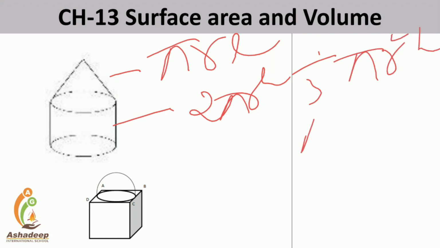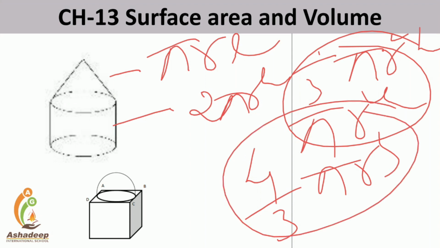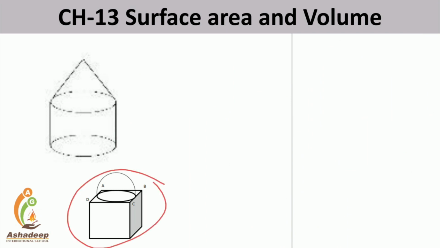And what about this? It is nothing but pi r square h. So what is the total? It's 1/3 plus 1, so 3 plus 1, 4 by 3 pi r square h, right?